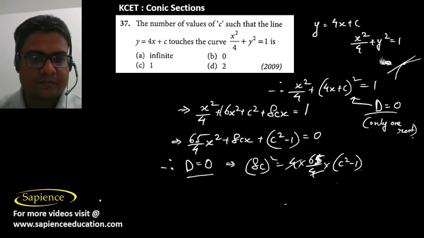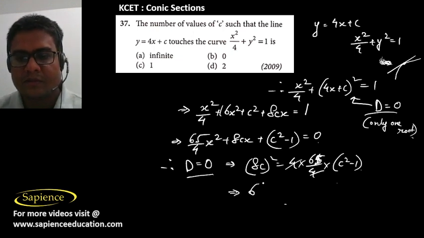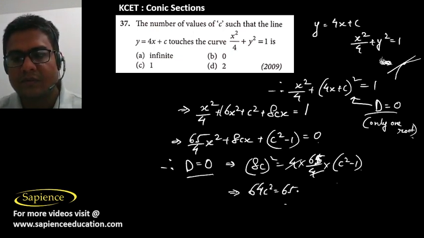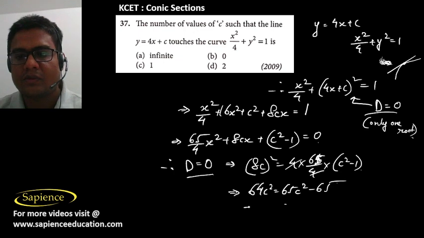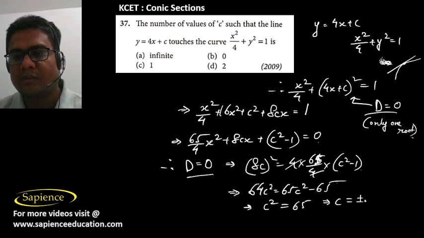So this will be 64c square equal to 65c square minus 65. So therefore 65c square minus 64c square, c square equal to 65. So therefore c equal to plus or minus root 65.